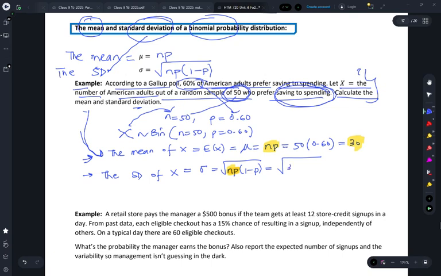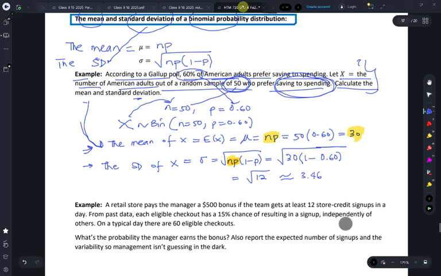Then you have 1 minus p, where p is 0.60. So eventually this is equal to 30 times 0.40, which is 12, and that will be approximately 3.46.